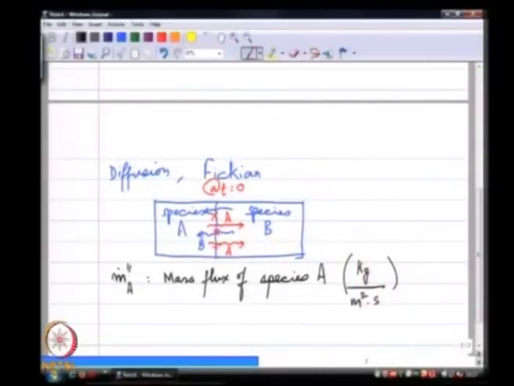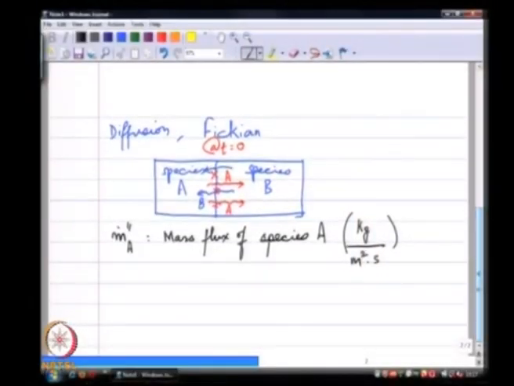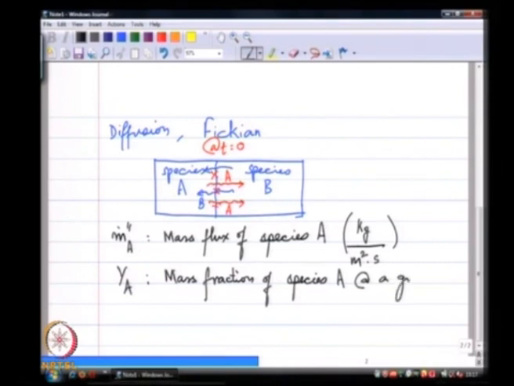So, the two primes denote per unit area, and we will define Y A as the mass fraction of species A at a given point. So, if I define a coordinate system x, this Y A is the mass fraction at a given point.